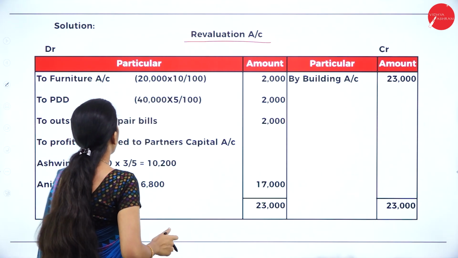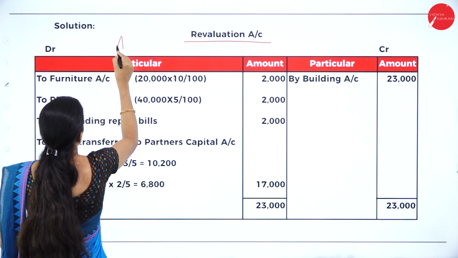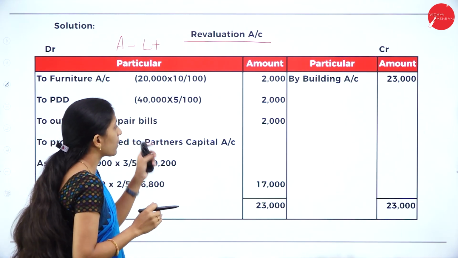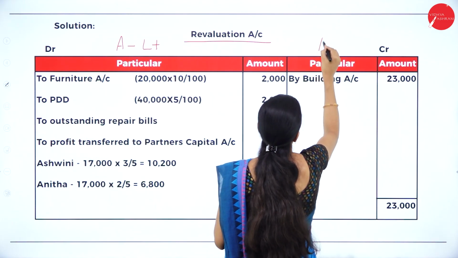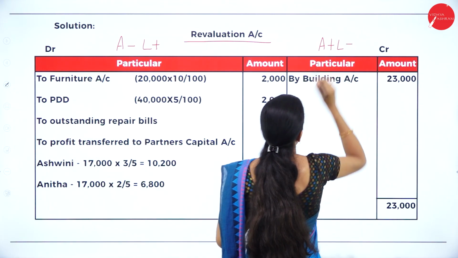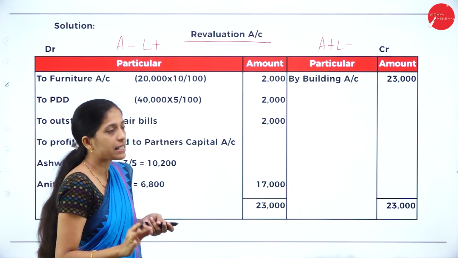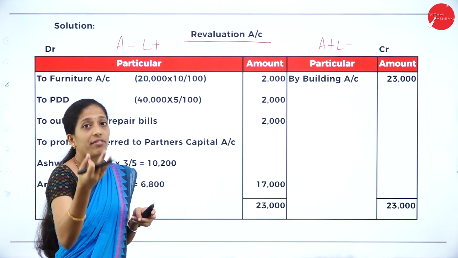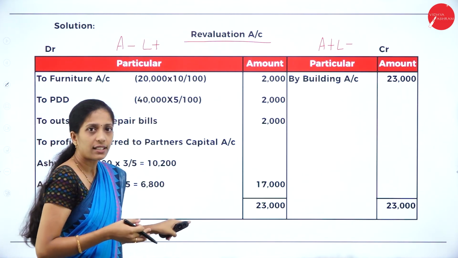In your revaluation account, on the debit side, write in pencil A minus L plus. I'll tell you what it is. On the credit side it is A plus L minus. Which means that if any asset value has decreased and liability value has increased, you will record it on the debit side.